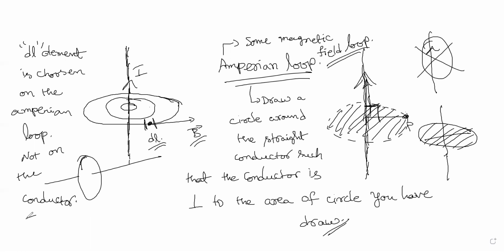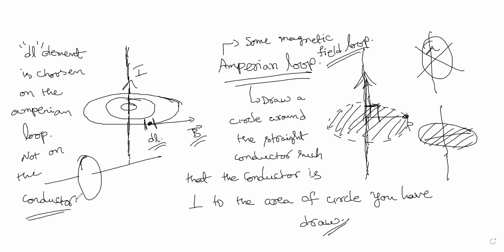When you are doing Ampere's circuital law, you have to choose the element on the Amperian loop, not on the conductor. In Biot-Savart's law, it's on the conductor. In Ampere's circuital law, you have to choose the element on the Amperian loop, not on the conductor. If you choose it on the conductor, you are gone. This is a common mistake students make.